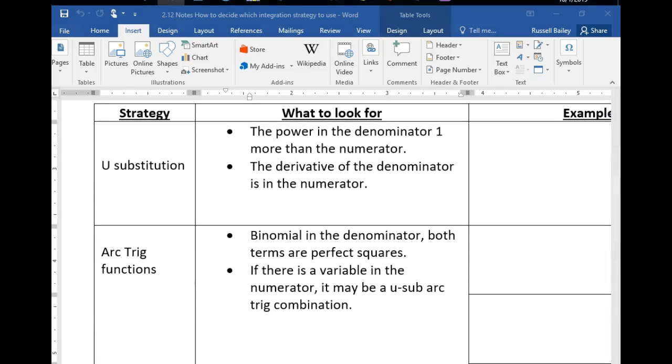For the first one here, you might want to write this on the side there: 2.4. Arc trigs were 2.7 and 2.8.